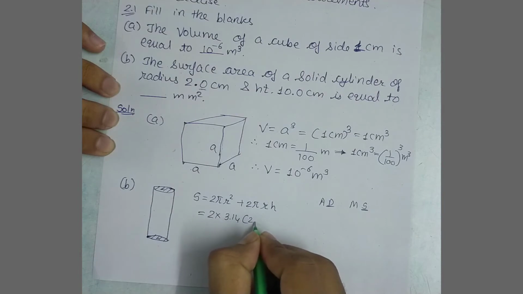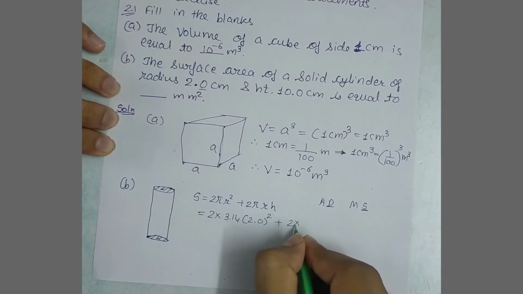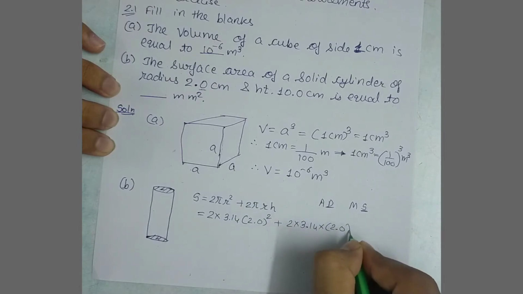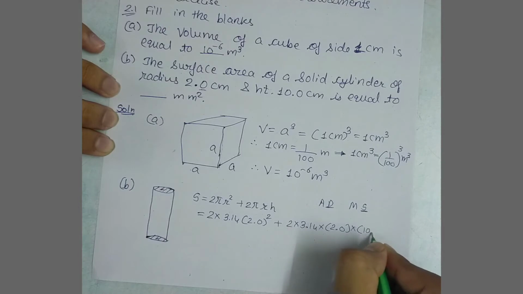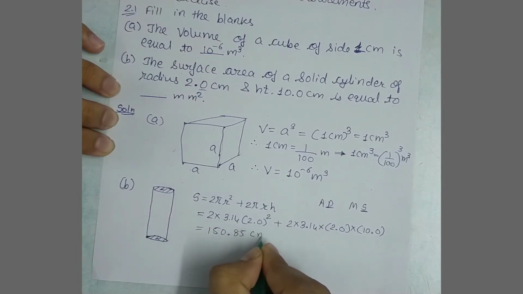It is 2 times 3.14 multiplied by 2.0 squared plus 2 times 3.14 multiplied by 2.0 multiplied by height, that is 10.0. If you solve this problem, you will get the answer that is equal to 150.85 centimeter square.